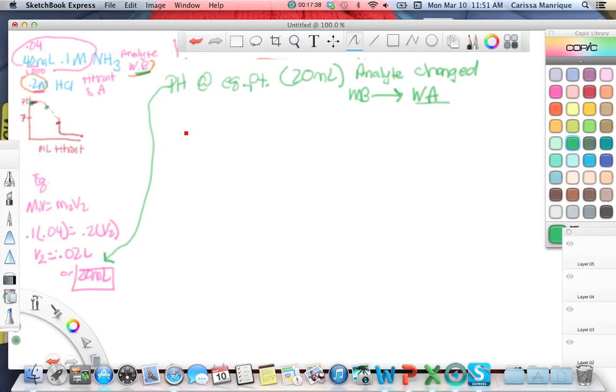Okay, so now we're going to do an ICE table with a weak acid. At the beginning of the problem we did an ICE table with a weak base. Now we do it with a weak acid. So one of the hardest parts is to remember to do that. Let's just put HA for a generic acid plus water gives us H3O plus and A minus.